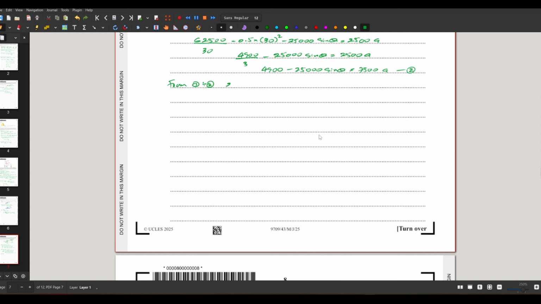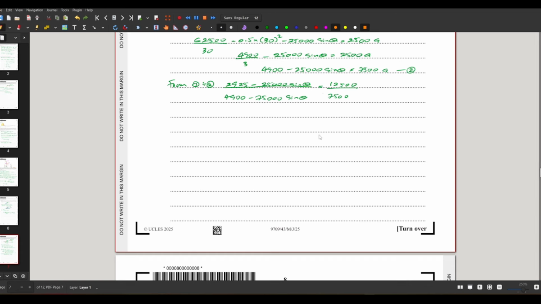So 2,925 minus 25,000 sine theta, divide by 4,900 minus 75,000 sine theta, equals to 12,500 divided by this.